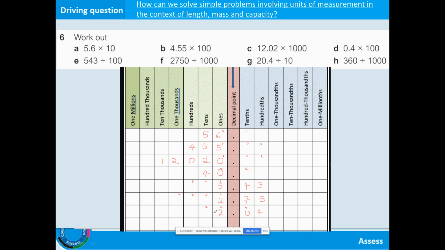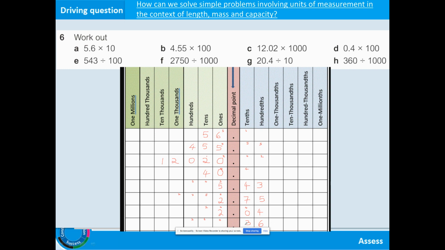Last one is 360. And I'm dividing by 1,000, 3 zeros, so I'm going to move 3 places. 1, 2, 3. So my 3 goes here. My 6 goes here. My 0 would go there, but I don't need it, do I?